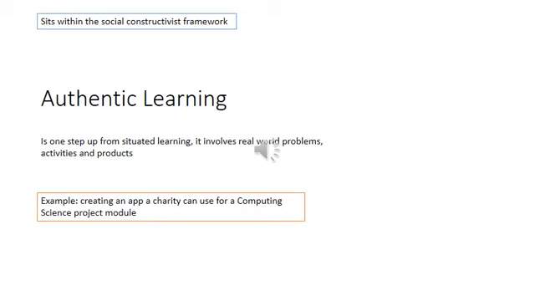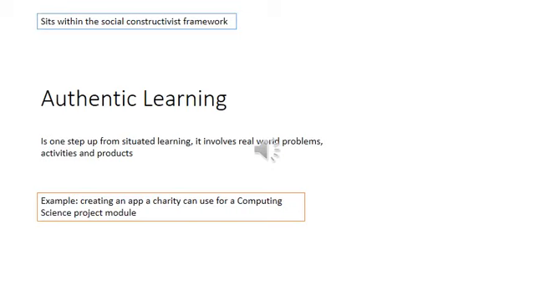So when you take these meaningful learning situations you had under situated learning that did have a real life context, but still happened in our formative learning environment, and you put them into the actual world, into the actual reality, then that is authentic learning.